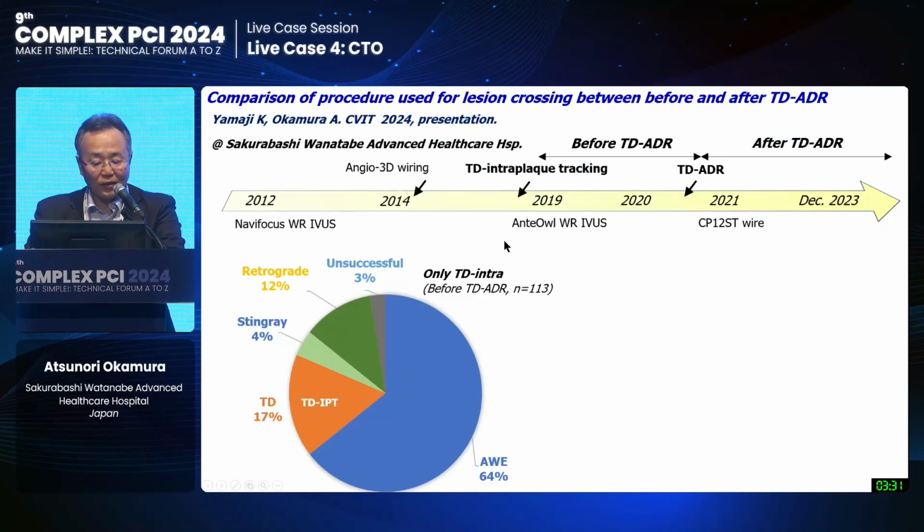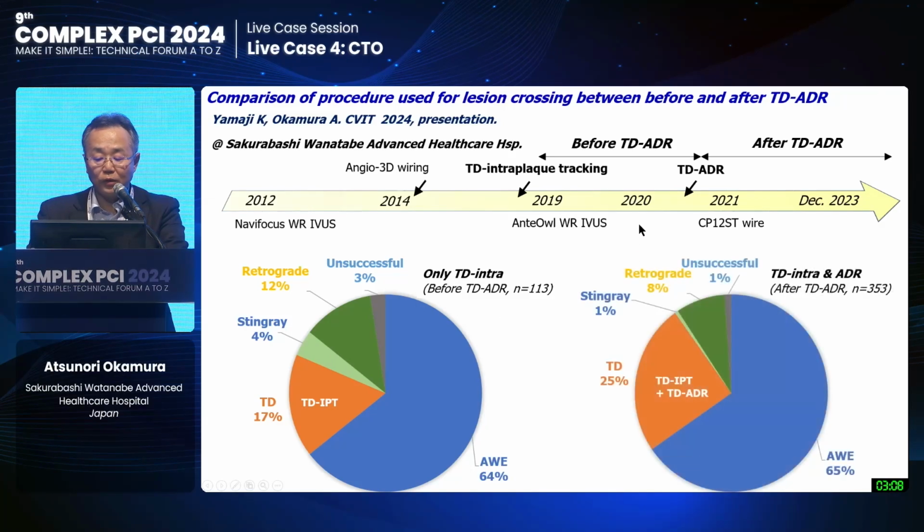We have already used this tip detection method, intraplug tracking, since 2019. In these 100 cases over 1 year, the antegrade guide wire escalation success rate was 64%, tip detection intraplug tracking was 70%, and retrograde 12%.